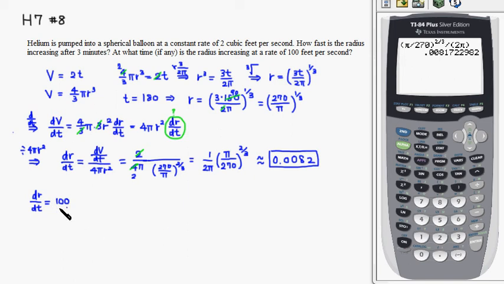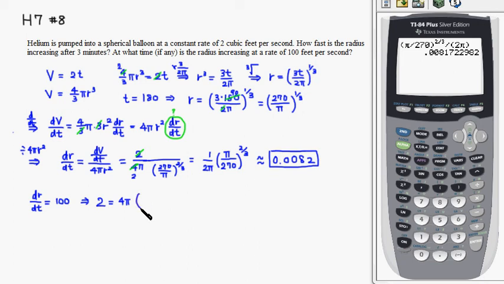Okay, so plug this into the equation here. dV over dt, we already know that it's 2. So 2 is equal to 4 pi, and here you have r squared. We found that r is given by this expression, so I'm going to put that in.